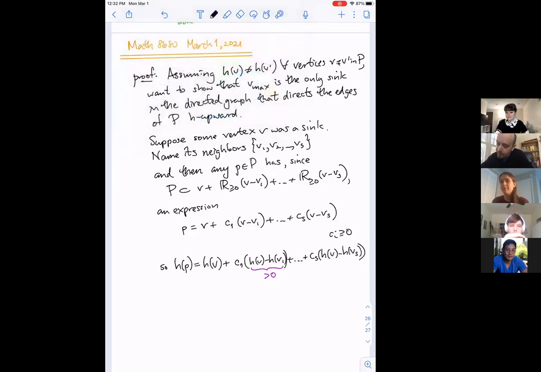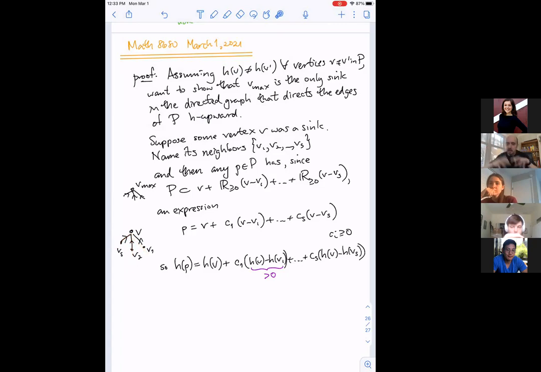Maybe I should emphasize again, here's my v, here's my v max. I don't know what this polytope looks like, but that thing is a sink. And I was assuming that I've got this other sink here. This is v1, v2, through vs. And this entire vertex cone contains the rest of the polytope.